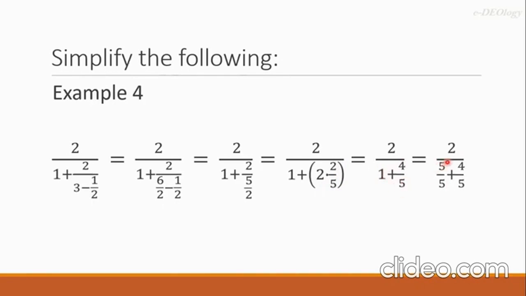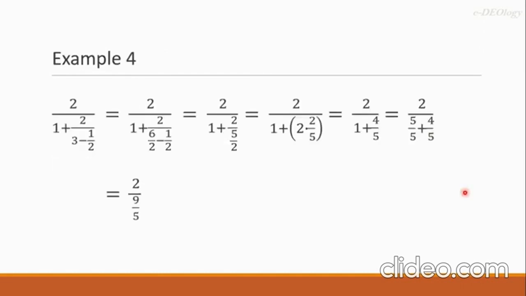My answer is 5, and I'll write it here. And then using the same denominator 5, I copied it here. So you see, 5 over 5 is the same as that whole number 1. So we can simplify this addition of fractions here. 5 over 5 plus 4 over 5. We will get 9 over 5.